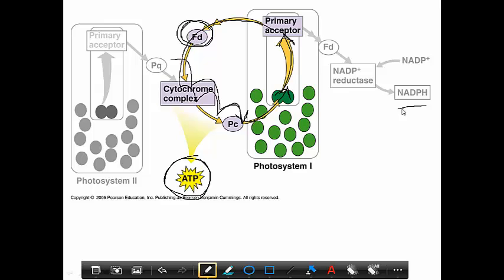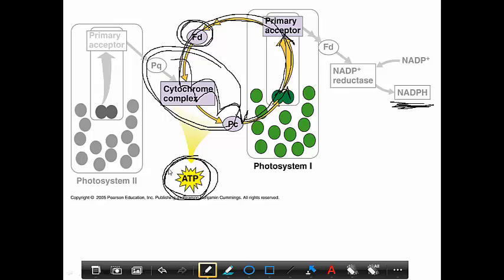So instead of using the electrons to make NADPH, it recycles them through this original electron transport chain to continue making ATP.